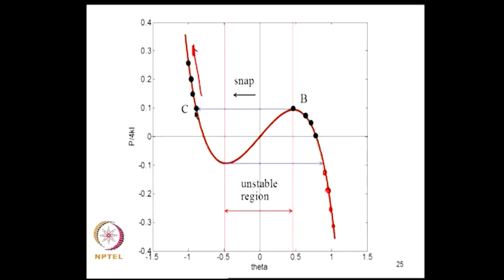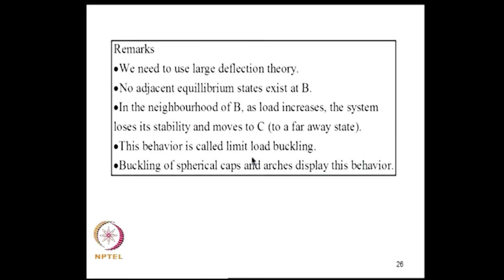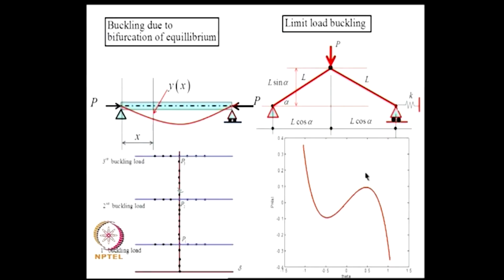This is C, it does not come in the neighborhood. This behavior is called limit load buckling. Okay. The buckling of spherical caps and arches displays this behavior, that is, curved elements.